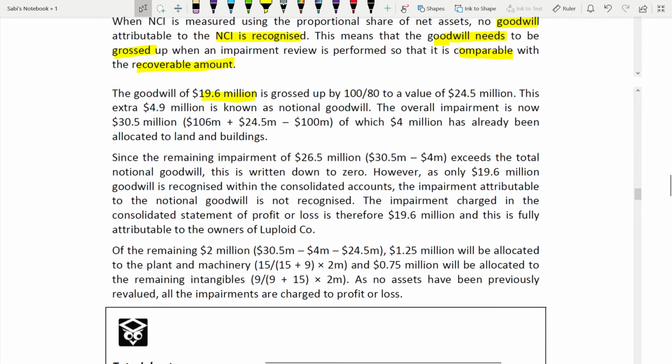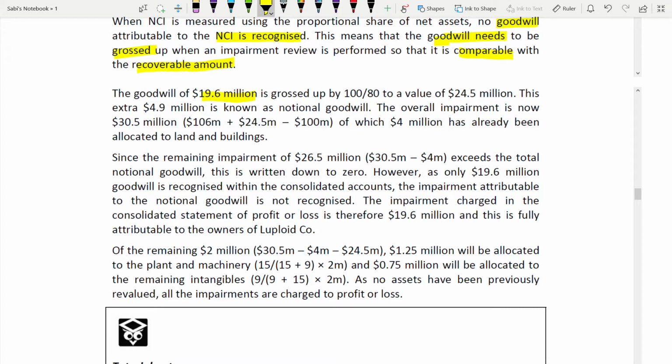So goodwill of 19.6 million is grossed up. How do you gross up? Remember this, okay? Memorize it or learn it by heart or do whatever, but you have to remember it. It's a fact and it's always the same. Okay? But these percentages will change depending on what is the percentage of NCI and how much they have acquired. Okay? But when you are grossing up the goodwill, 100 divided by 80.